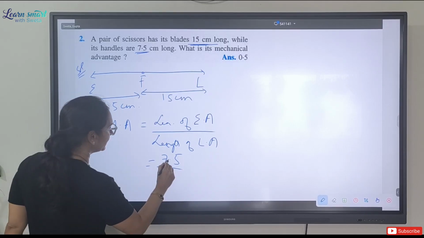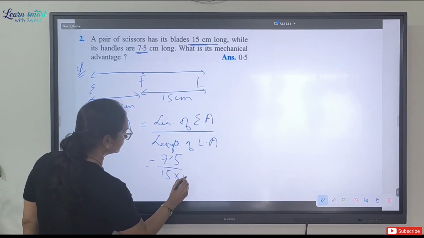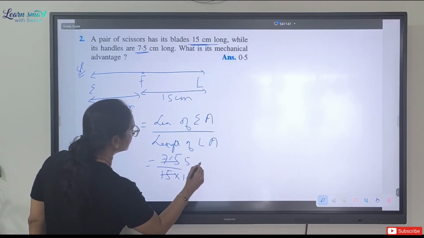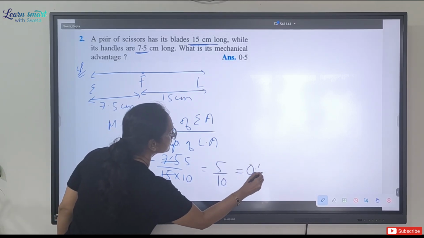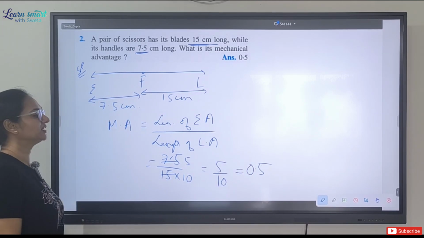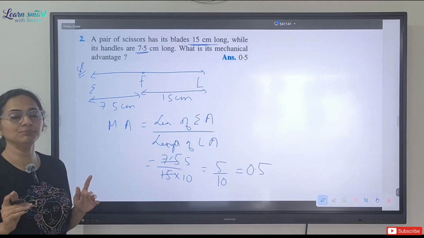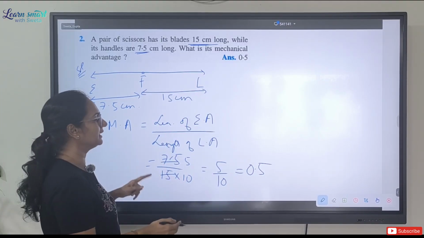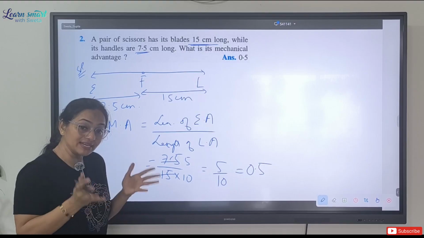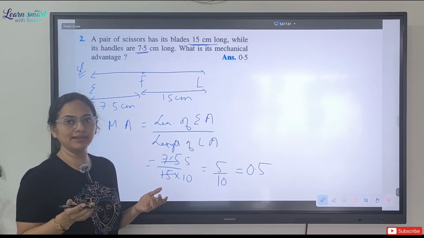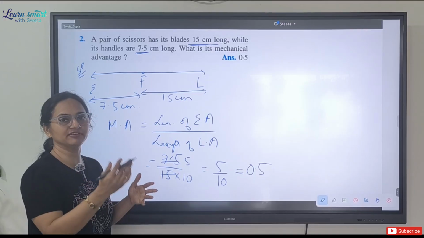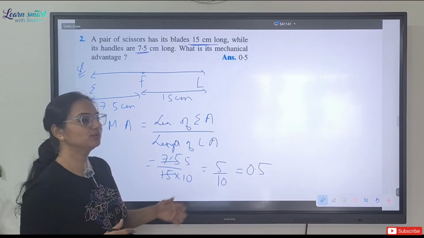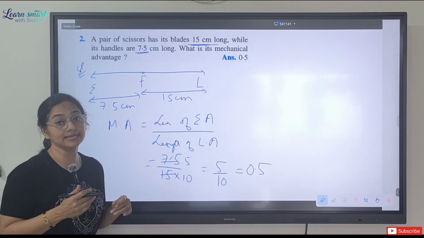Just calculate and you will get, mechanical advantage will come 0.5. Every time you have to draw the diagram correctly and look at what is the length of effort arm and what is load arm. And just put the formula, length of effort arm upon length of load arm, and you get it very easily. Let's see the next question.